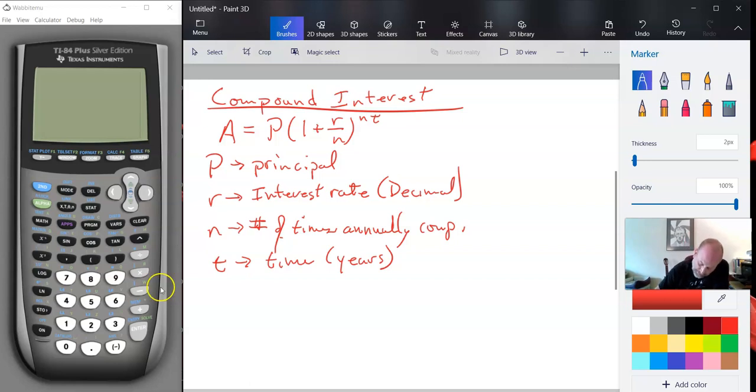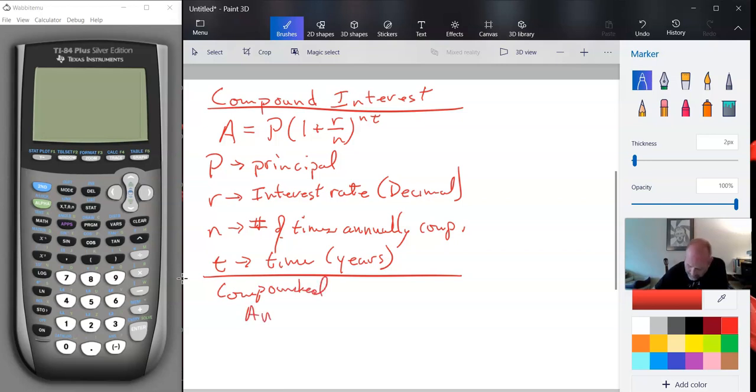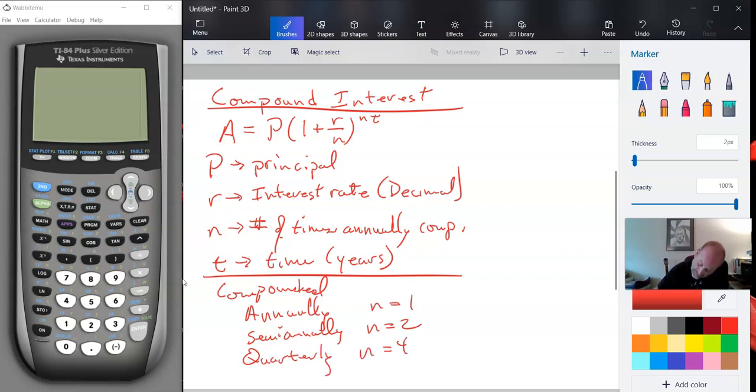Okay. Now, as far as N goes, if something is compounded annually, N equals 1. Semi-annually, N equals 2. Quarterly, N equals 4.